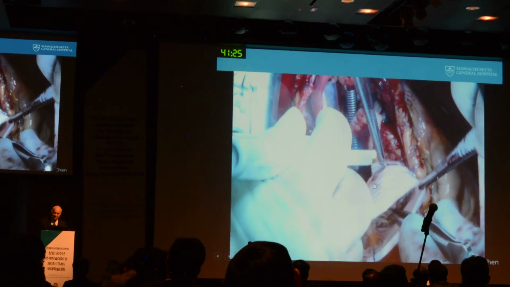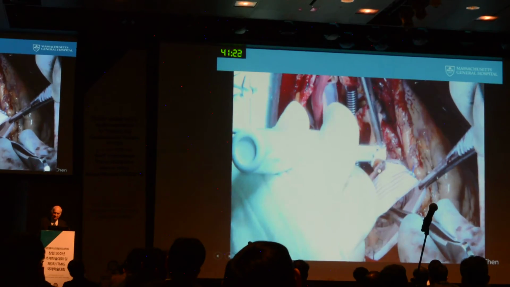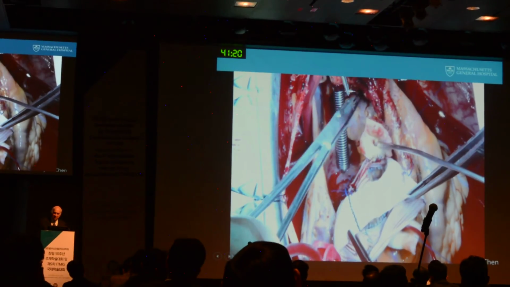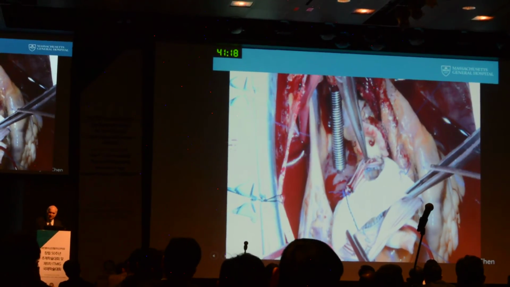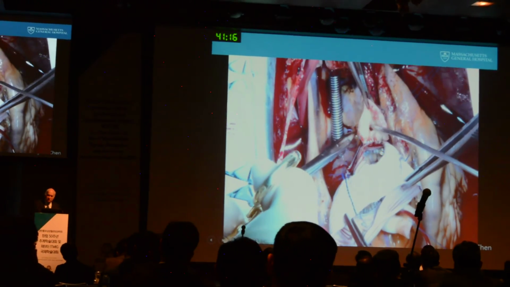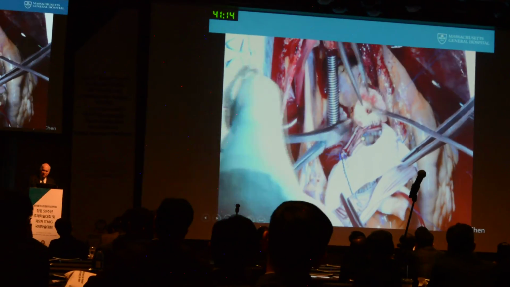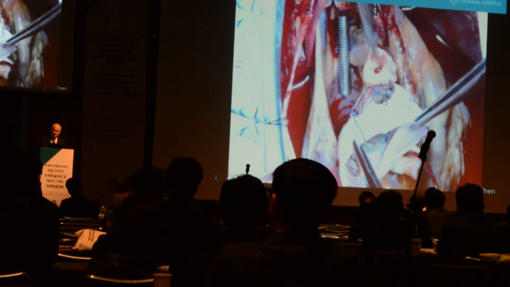Here he is using that ophthalmic cautery to create the hole for the left coronary. Here a standard anastomosis of the left coronary, which is almost always in the middle of the sinus, in the left sinus.